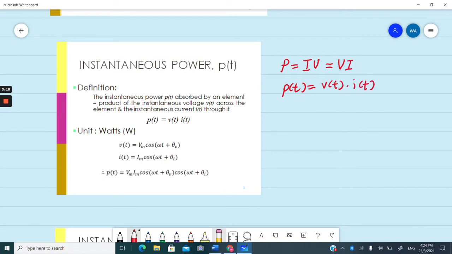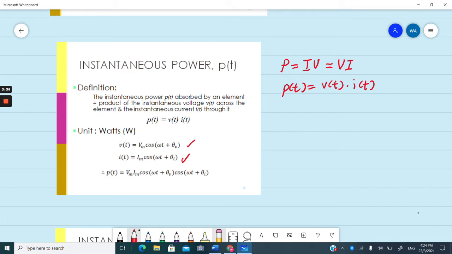Previously we learned that v(t) equals Vm cos(omega t plus theta v), where we label the voltage angle as theta v, and i(t) equals Im cos(omega t plus theta i), so the angle for current is theta i.